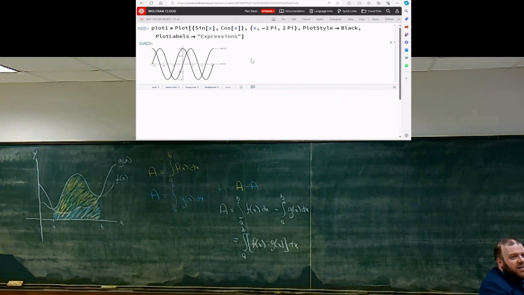On the desktop version, I can. I can actually move the labels around. I can actually also edit the graph with text and anything else I want. Can't do that on the cloud version. So we'll make do.